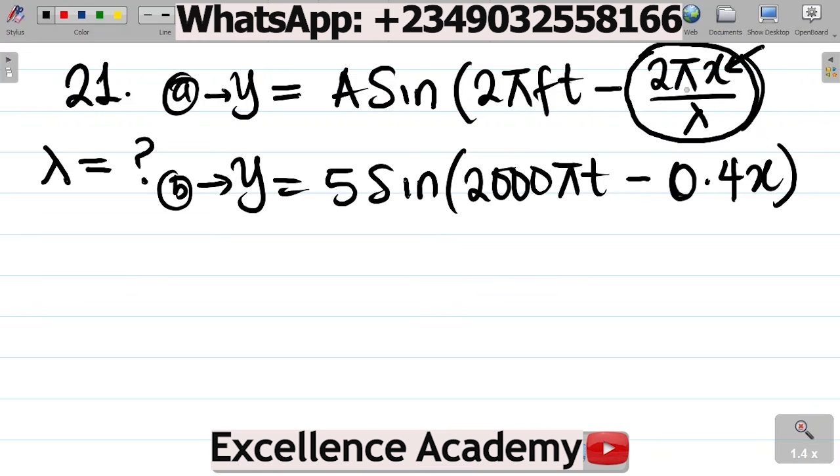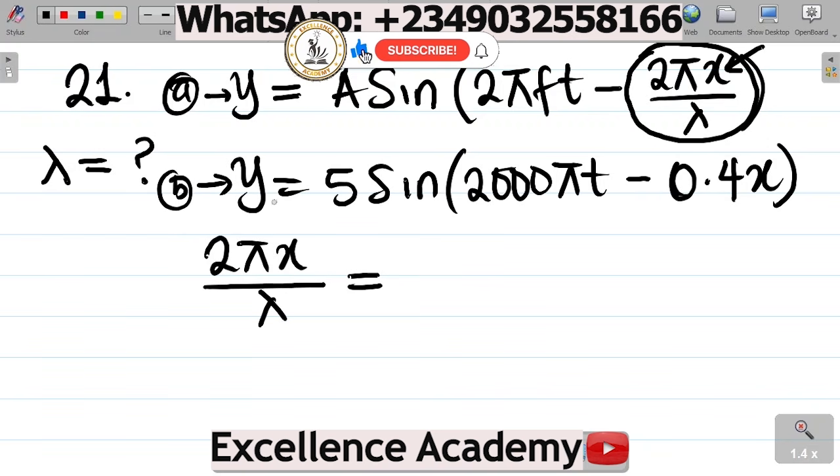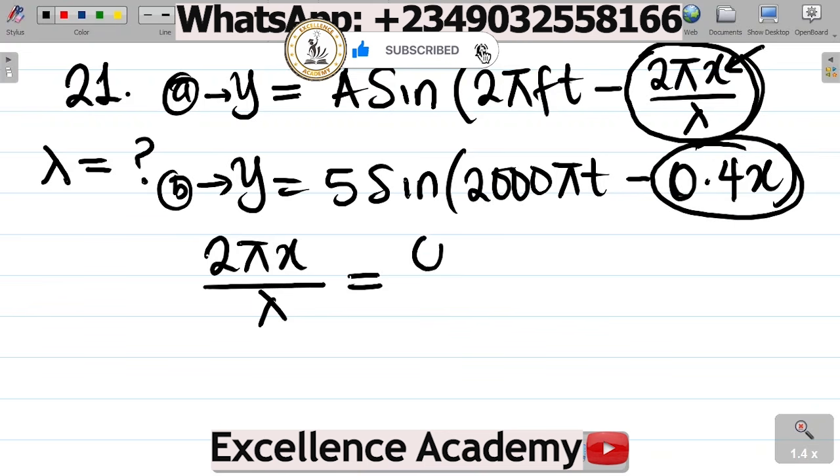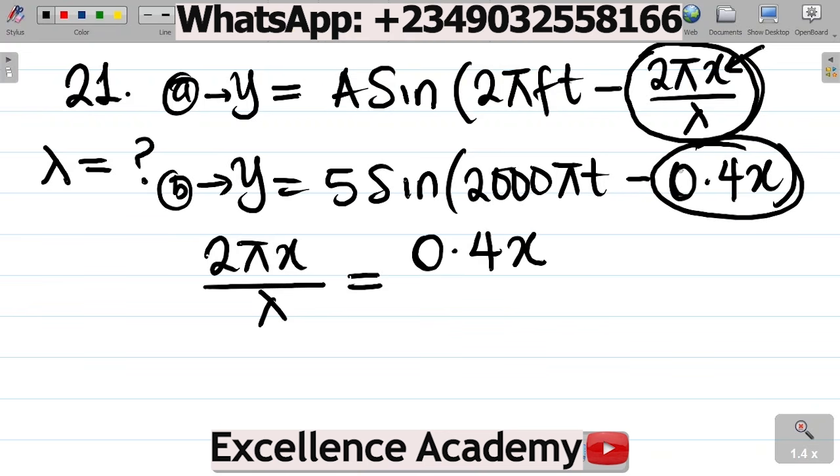So I'll pick the term that involves x, which is 2 pi x all over lambda. I'll equate it to the term in equation B that involves x, which is 0.4x. We don't really consider the sign, that's a minus, because the sign only shows direction.